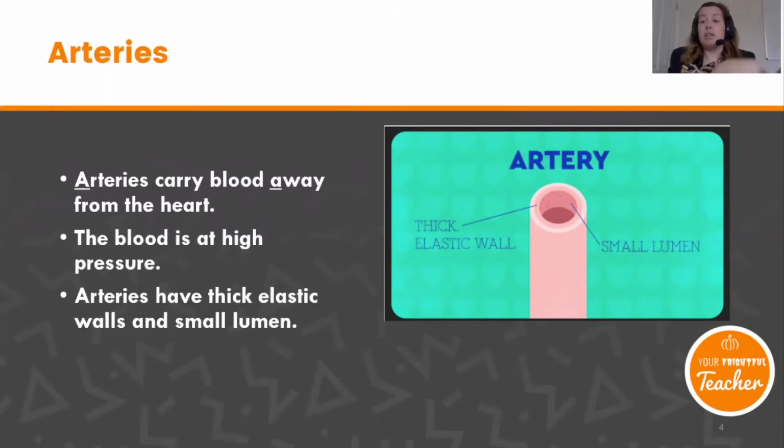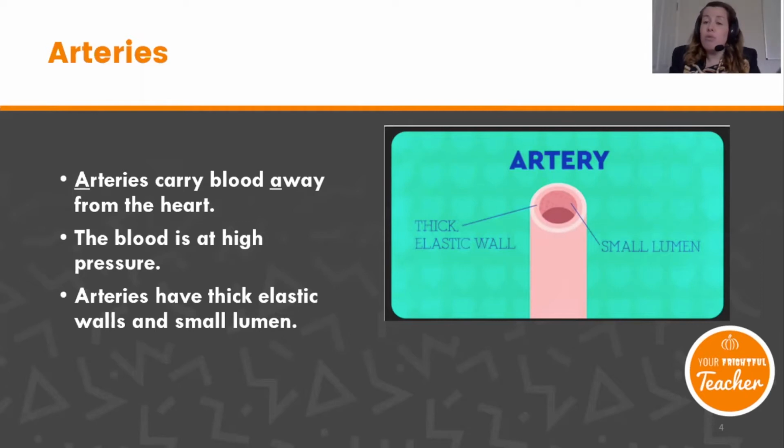Then that blood can go to the lungs and collect oxygen. That blood will then go back to the heart and then go back around the body. So you have to be really careful. Most of the time, blood in arteries is oxygenated, but not always. So you're safer to say arteries carry blood away from the heart.